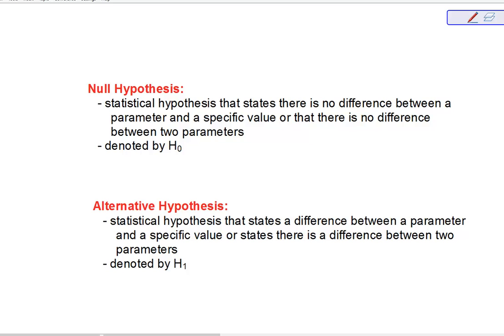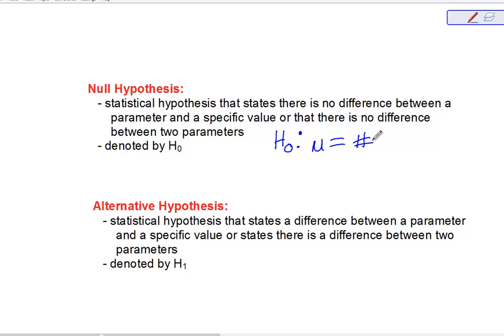In what we're looking at, for the most part, it's going to be H naught: mu is equal to some number, meaning that there's no difference between the mean and a certain number. This is always going to be our null hypothesis at this point.